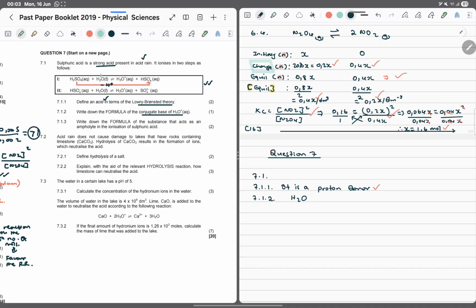Same again. This one comes down to here. And as you can see, the difference between them is also minus 1 hydrogen plus ion. So usually with these conjugates, a base and an acid, the conjugate pair, the difference between them is 1 hydrogen plus ion.